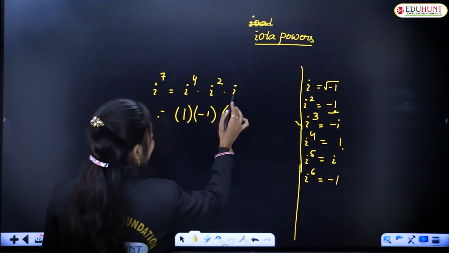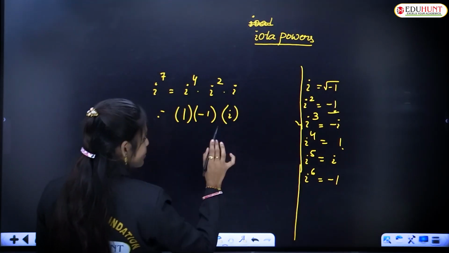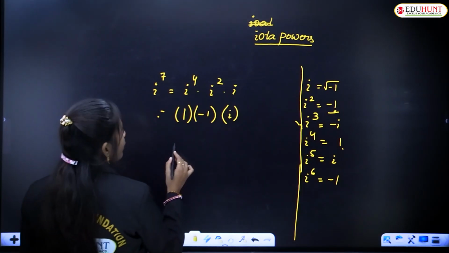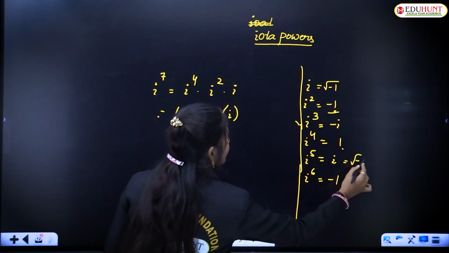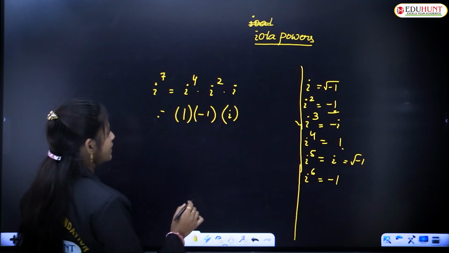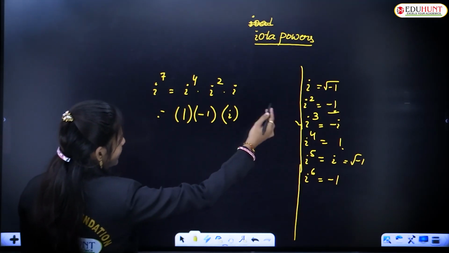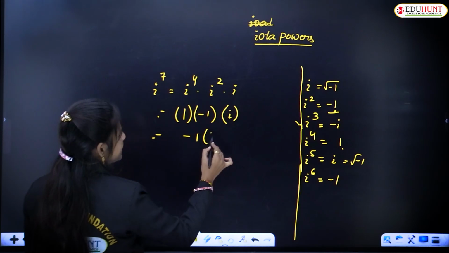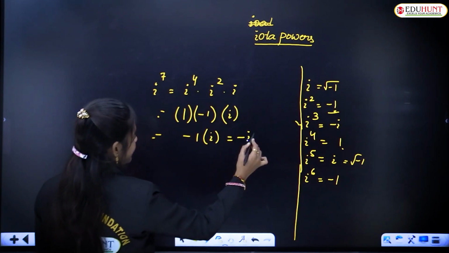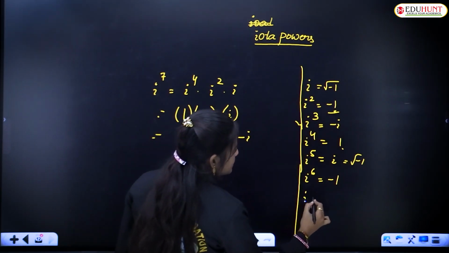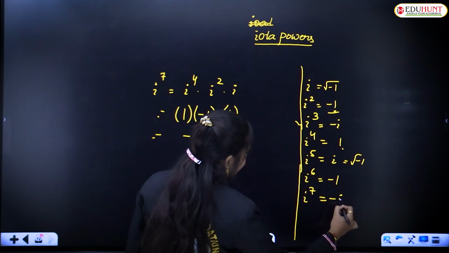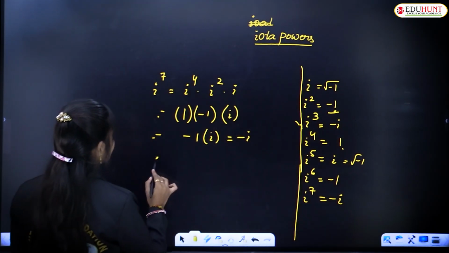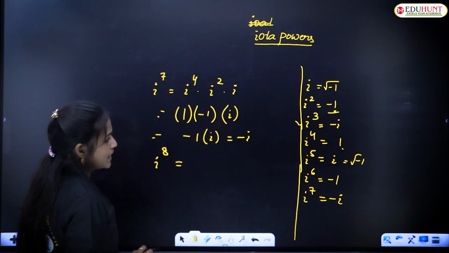And here only i is there, so write that as i or square root of minus 1, that is your wish. Why? Because that is the value of i, no? So 1 into minus 1 is minus 1, and minus 1 into i is minus i. So i power 7 is minus i. And the last one is the i power 8 value, first find out.